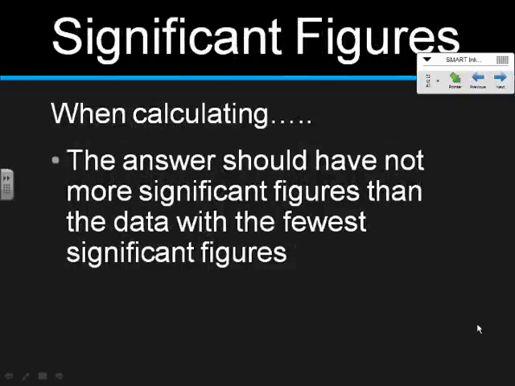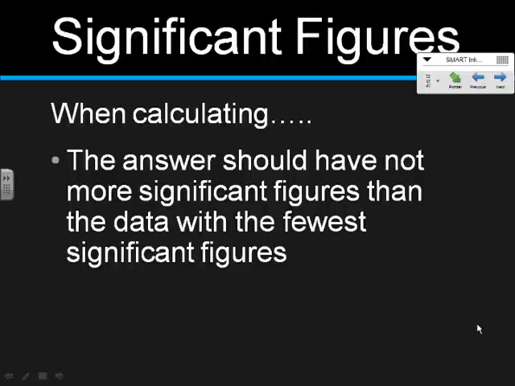Now we're going to work on calculating with significant figures. When you're calculating with significant figures, if I do 5 times 3, I have 1 significant figure in 5, 1 significant figure in 3, and so the answer cannot have more significant figures than the data I had in my problem.